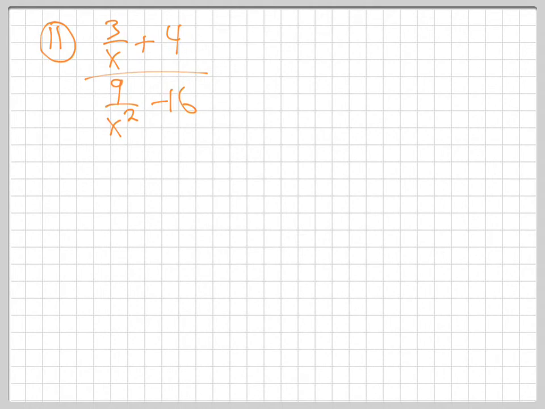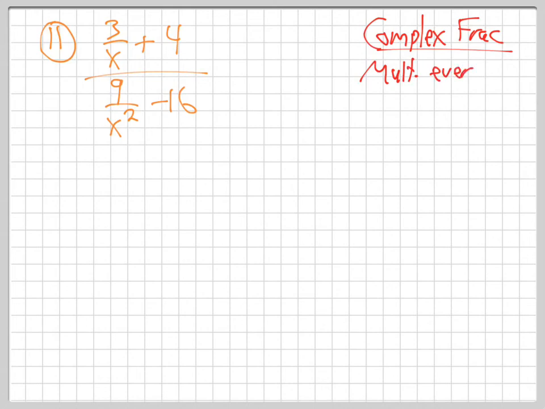So same kind of thing. So it's fractions over fractions, what we call a complex fraction. Fractions over fractions. So you multiply every term by the LCD over 1.